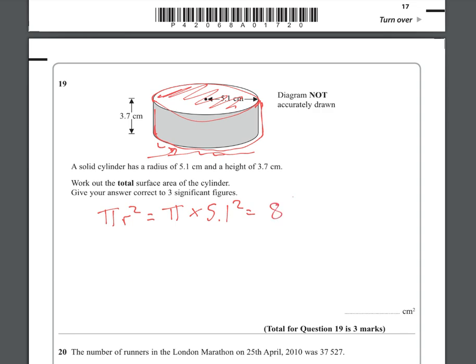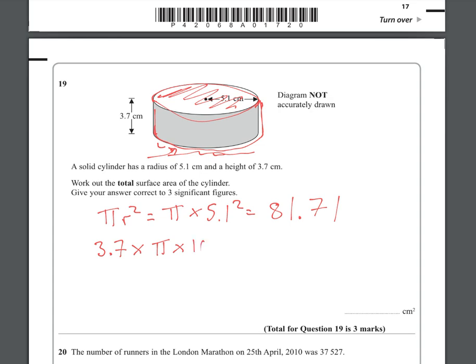Which is 81.71. I'm going to go more than the 3 significant figures I need. And I've got a top and bottom of that, and then I've got the curved bit here. The curved bit is going to be 3.7 times the length all the way around. Well, that's the circumference, which is pi times the diameter.